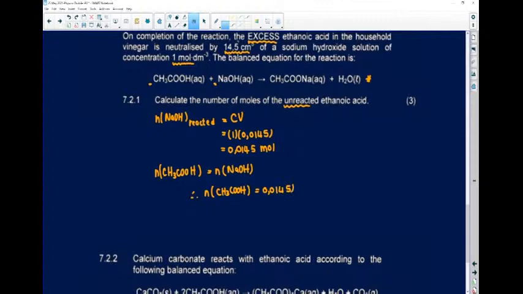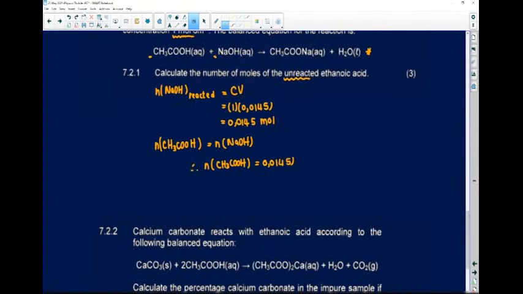I just took this one, divided it by 1,000 to get it to cubic decimeter. So I just moved my comma. So there I already have my mole ratio now, which is exactly the same. Let's look at the next one.